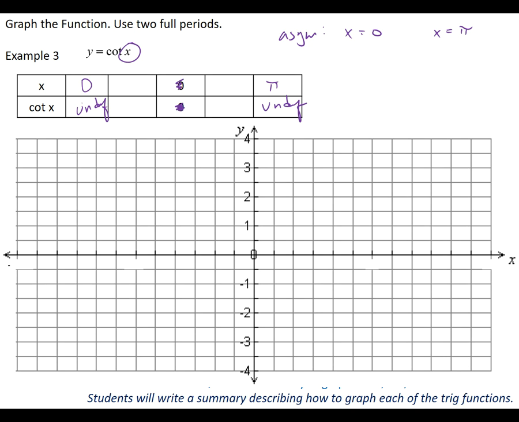All right, and then we're going to go ahead and graph those asymptotes. Okay. So I'm going to choose to use a spacing of 4 for my in-between here. So I've got an asymptote there and an asymptote here, and I'm going to label them. That one is labeled 0, and we'll label this one pi.